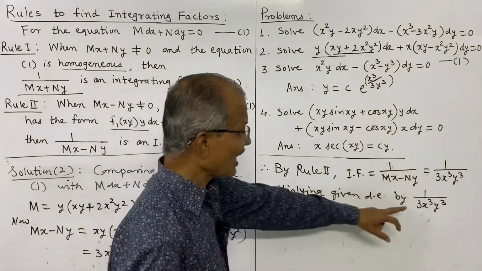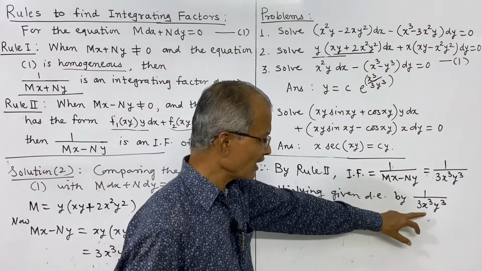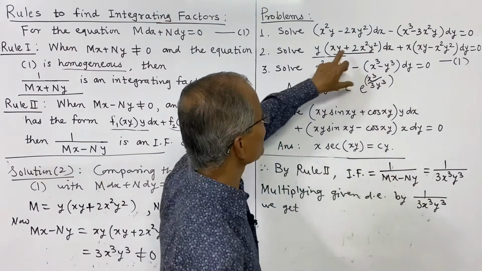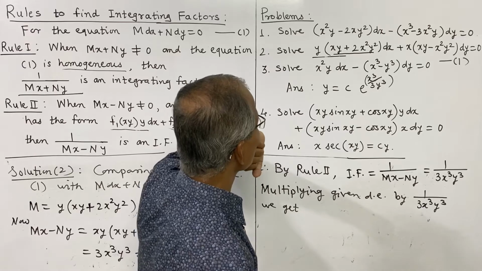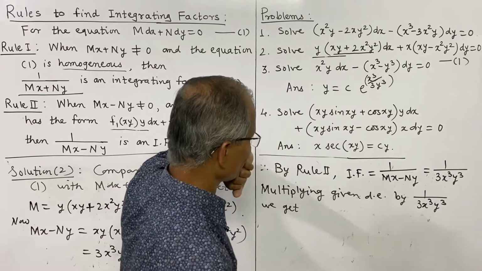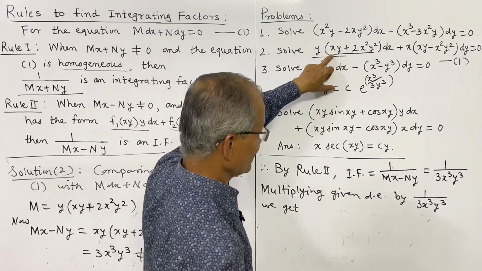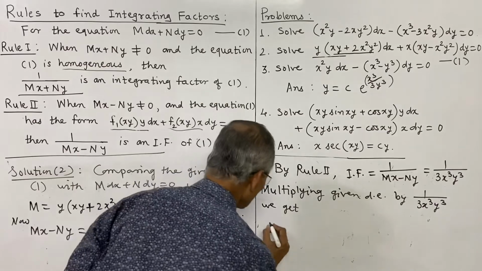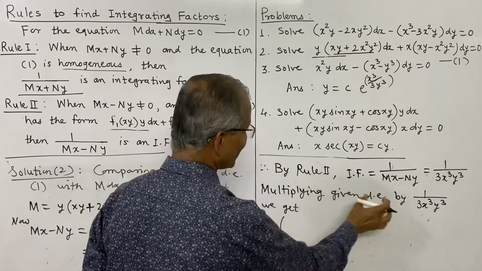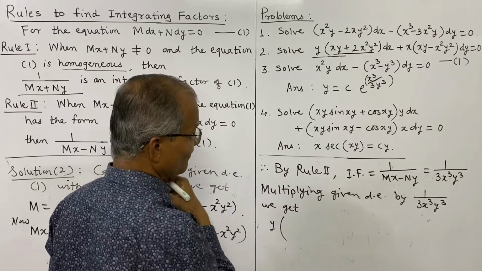Now see, multiply by 1 upon 3x cube y cube means actually we have to divide by 3x cube y cube each term, and if we divide by this term, see the expression, which expression remains here, y, and we shall divide by 3x cube y cube here, and that I shall write y as it is, and in bracket I shall divide by this term xy.